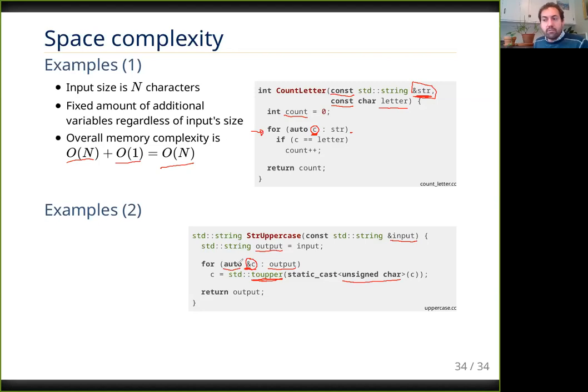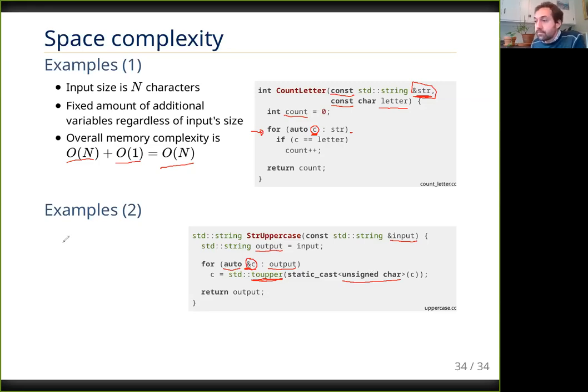We actually have no guarantee of what the compiler will decide to choose. All that we know is that it will be the appropriate data type in order to go through each character of the output, which is great. But we don't know if this auto will necessarily be unsigned char, which is what the toupper function expects. So that forces us to make sure that we're square. We need to cast whatever c is into unsigned char, just to make sure that the toupper function will receive a character of the proper type that it knows how to deal with.